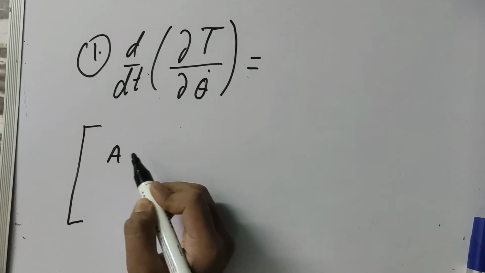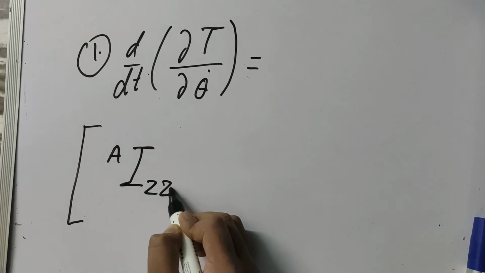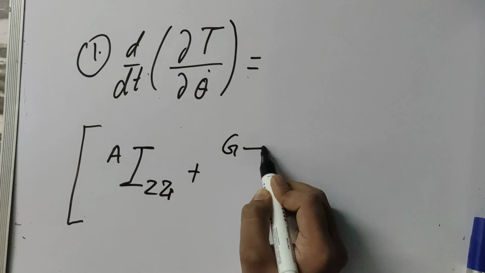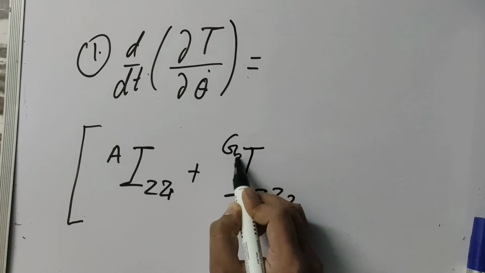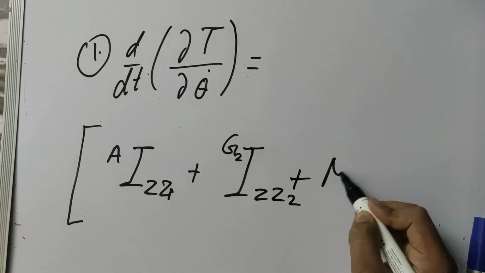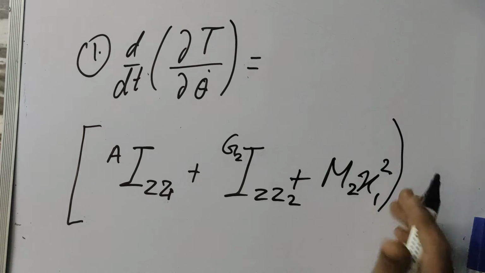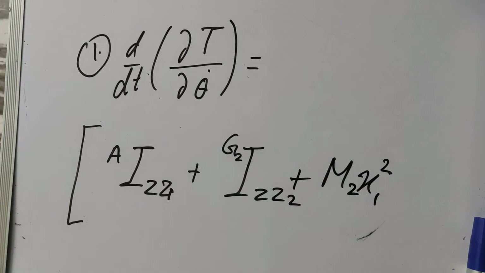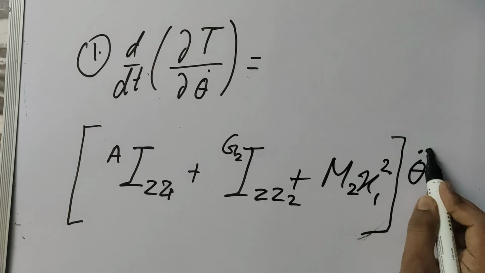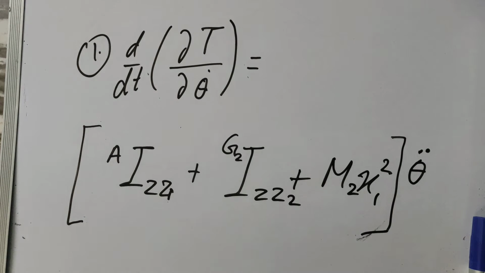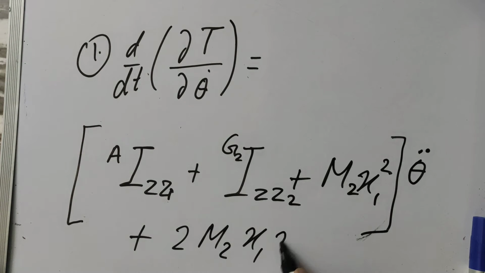It's basically I_zz1 plus I_zz2 plus some term, m2 x1 whole squared, and this times our theta double dot, and some additional terms, yeah, they're visible, 2 m2 x1 x1 dot theta dot.